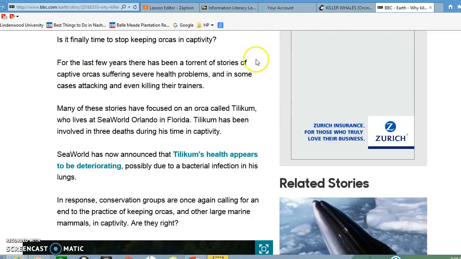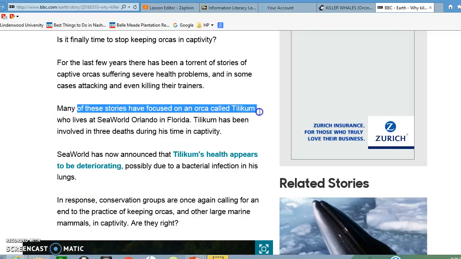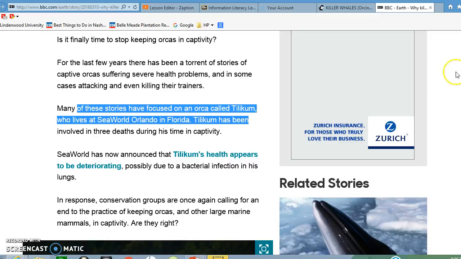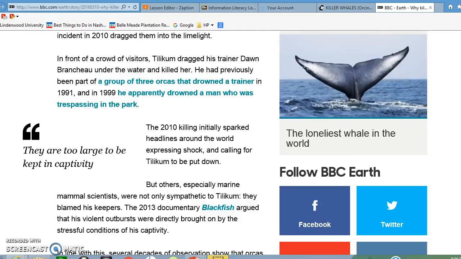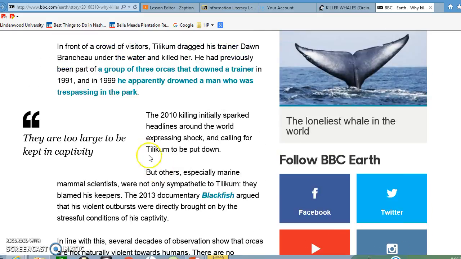For the last few years, there have been stories of captive orcas suffering several health problems. I see that being true. It talks about an orca that lives in SeaWorld in Florida. It has information from 2010.